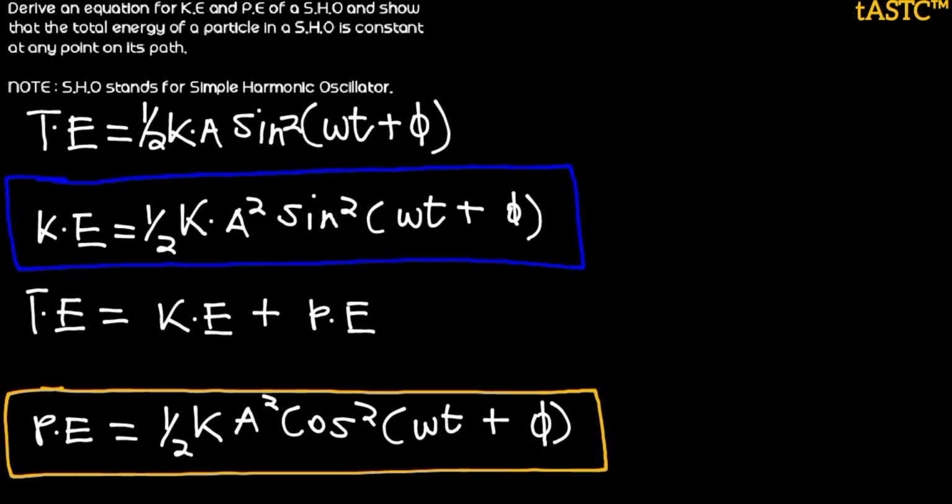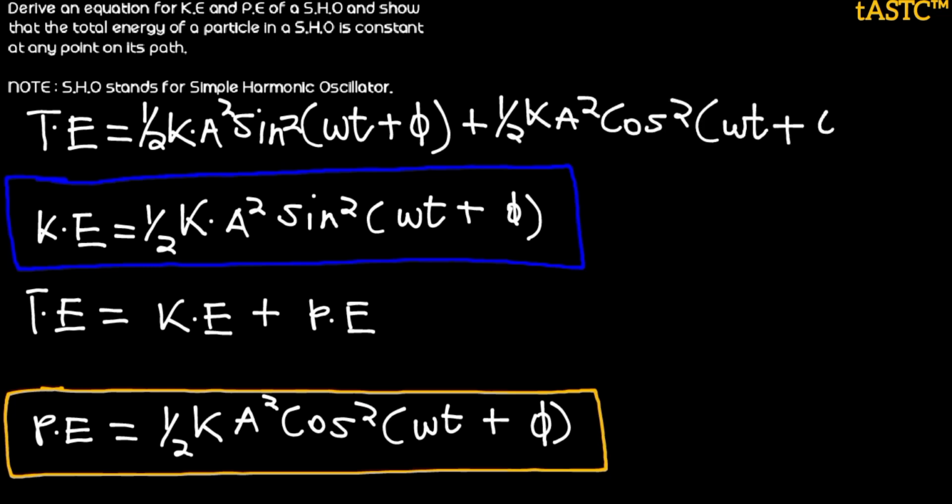I think I need to rewrite this. So that is what you got. Now we need to add it to 1 over 2 k a squared. This is multiplied by cos squared omega t plus phi. So this is what we got.